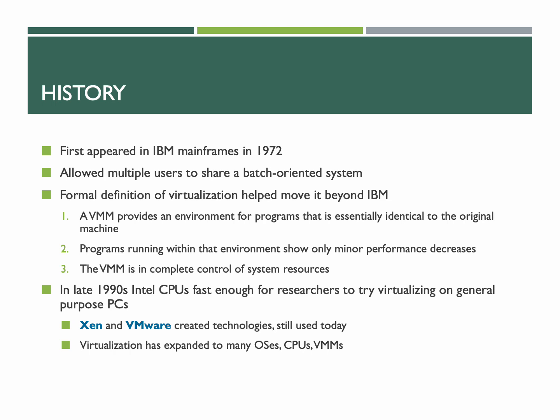Second is performance. Programs running within the virtual environment should exhibit only minor performance decreases compared to running directly on the physical hardware. Third is resource management. The virtual machine manager retains complete control of system resources, optimizing distribution according to need.